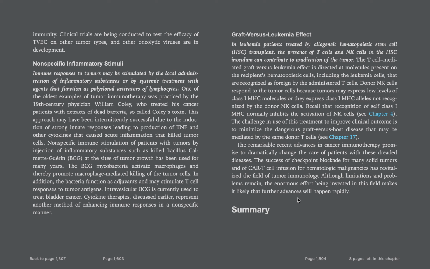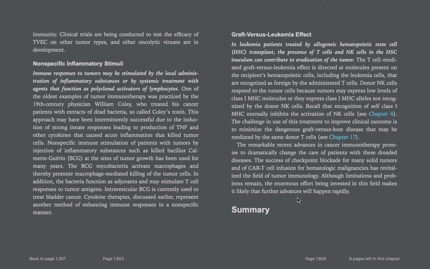One of the oldest examples of tumor immunotherapy was practiced by the 19th century physician William Coley, who treated his cancer patients with extract of dead bacteria, so-called Coley's toxin. This approach may have been intermittently successful due to induction of a strong innate response leading to production of tumor necrosis factor and other cytokines that cause acute inflammation that kills the tumor cells.